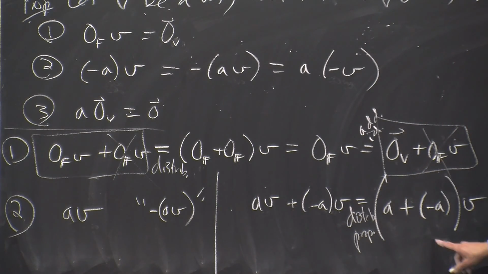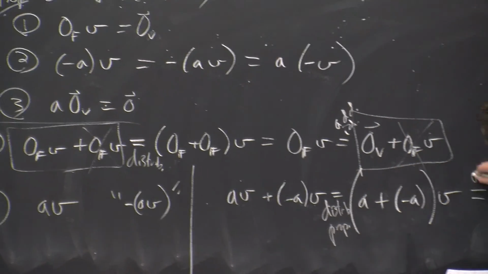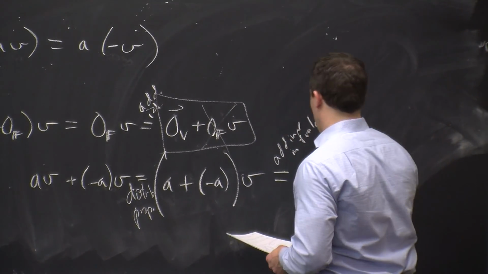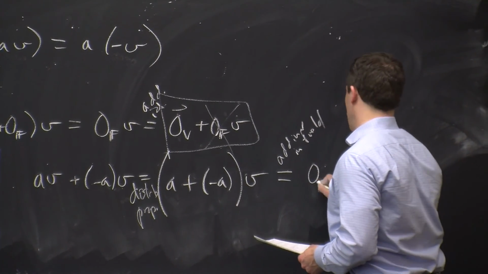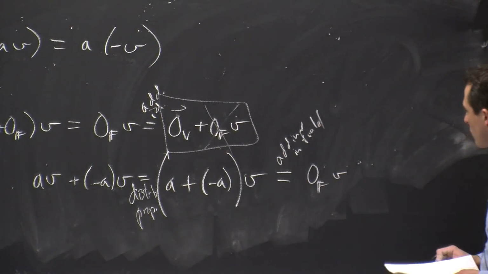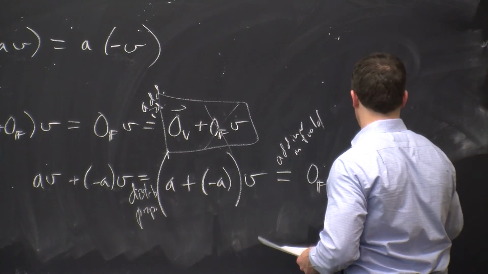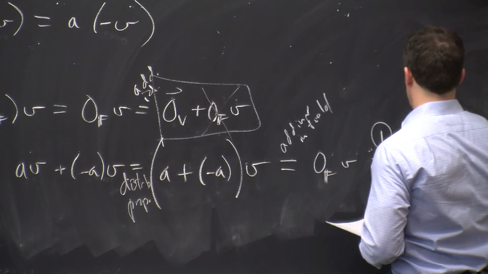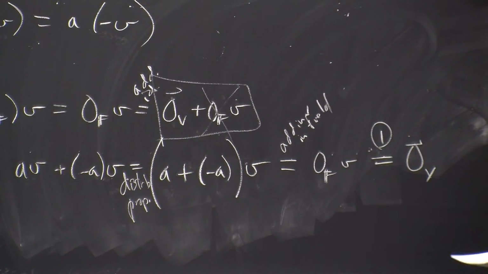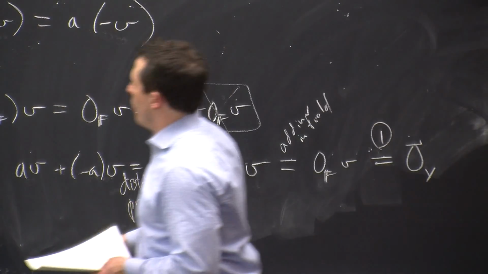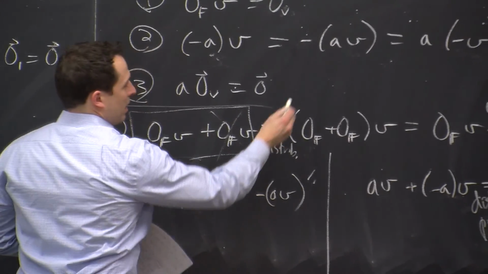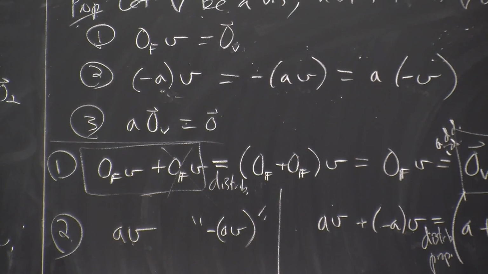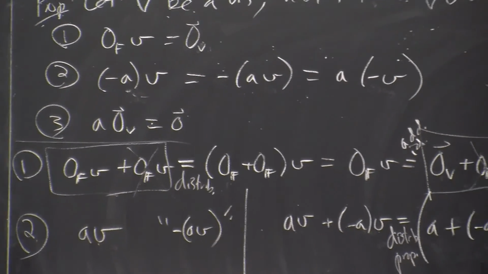And that, by additive inverse in the field, equals 0 in the field times V. And by the previous one, the first line there, that equals 0 in the vector space. Okay. So that shows that this is just as good an additive inverse for AV as this is, and therefore these two things must be equal. And similarly, you can do it for the other one.